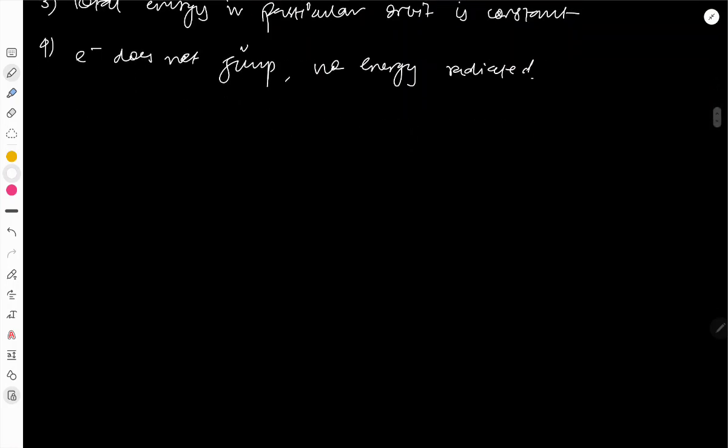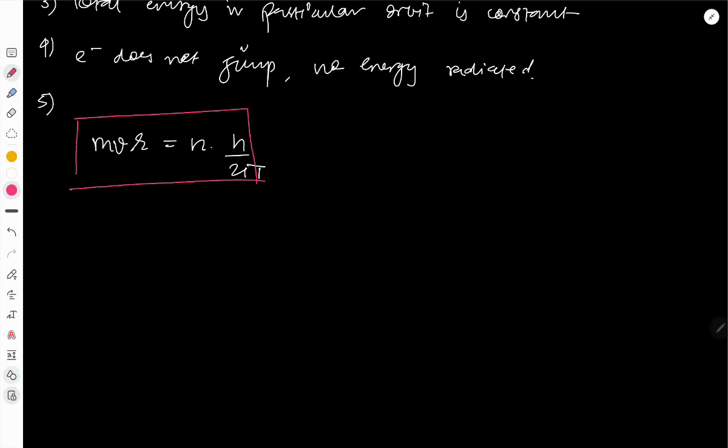And now, for convenience, let us discuss the fifth and most important one, that is Bohr's quantization law: mvr equals an integral multiple of h upon 2 pi. This is the most important thing. Even if you die, you should be able to answer this question.